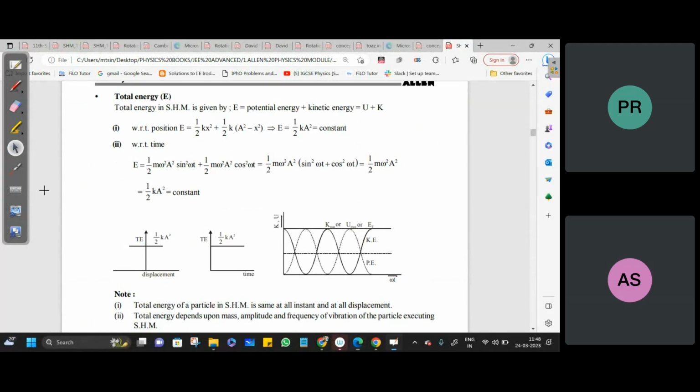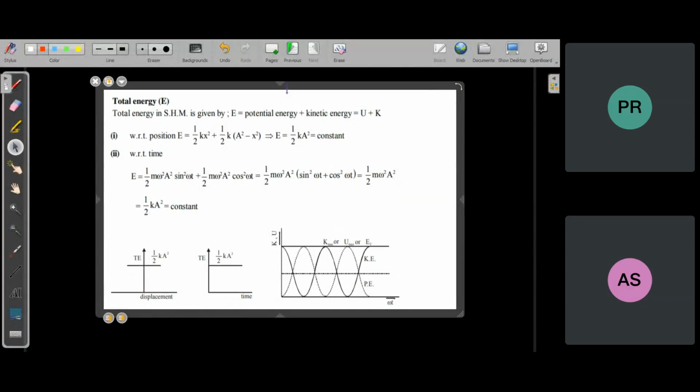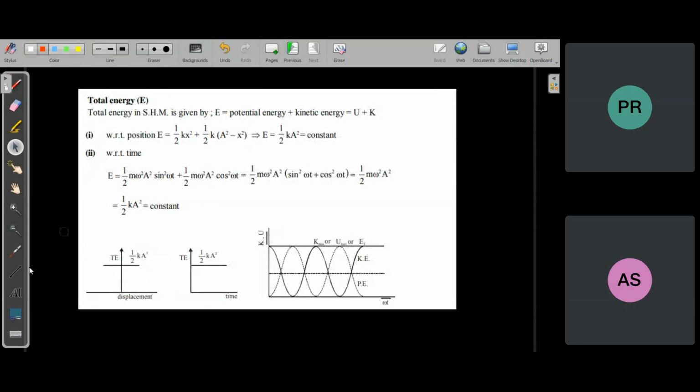Now comes total energy. Total energy, you will simply add the kinetic and potential. When you add the kinetic and potential, you will get the equation of the total energy. And you will find that at the end, the equation that you are getting is half K a square. Now in this equation, K is constant, A is amplitude, it is also constant. So total energy comes out to be constant.